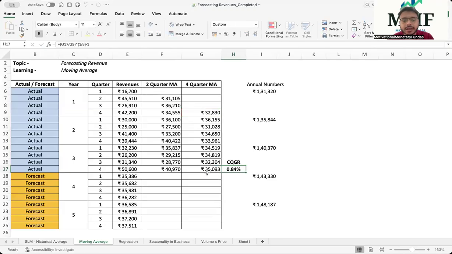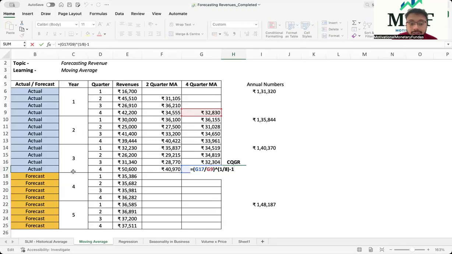And the same thing has been done here. My final value is 35K, initial value had been 32K. I did the same here: 35K, that's my G17, divided by 32K to the power of 1 by 8. And why 8? Because 8 quarters.